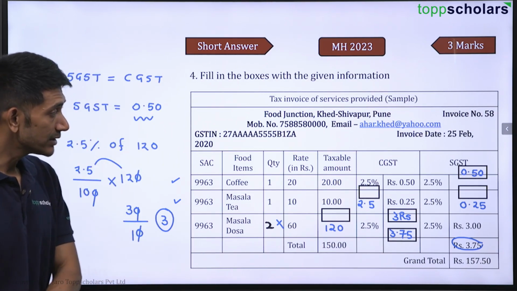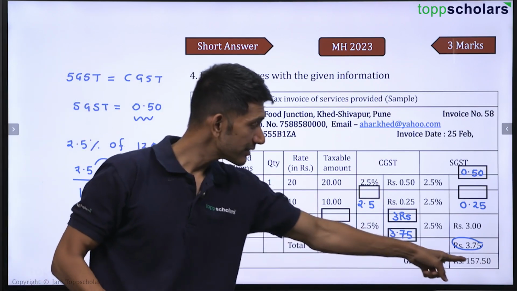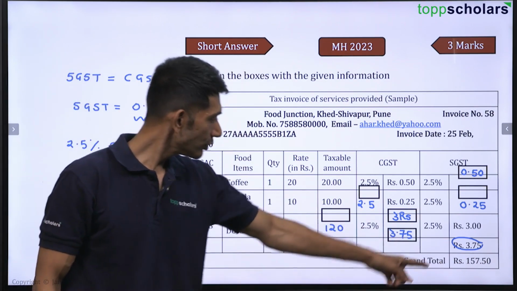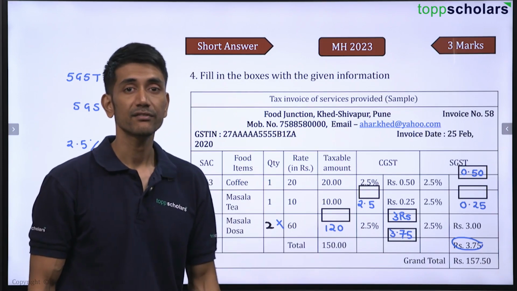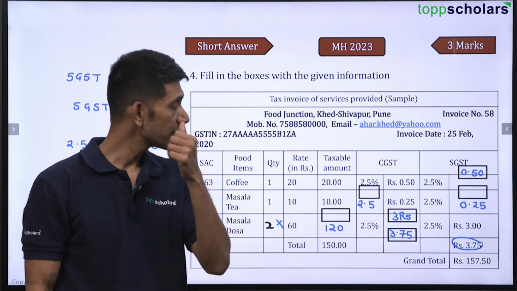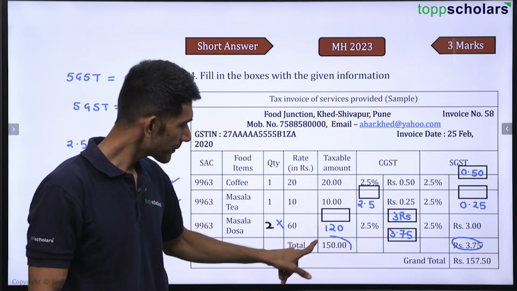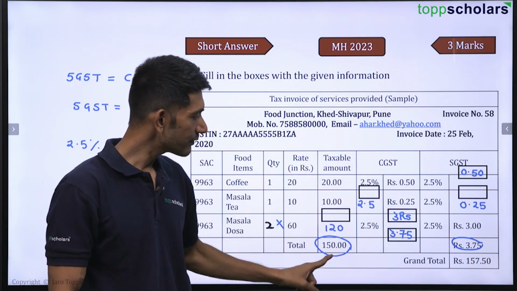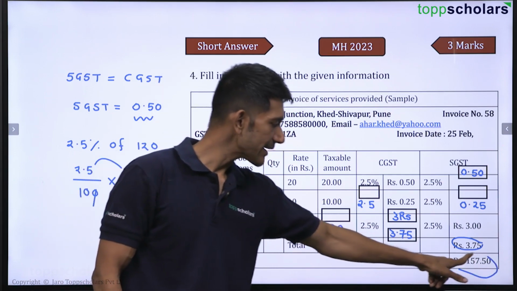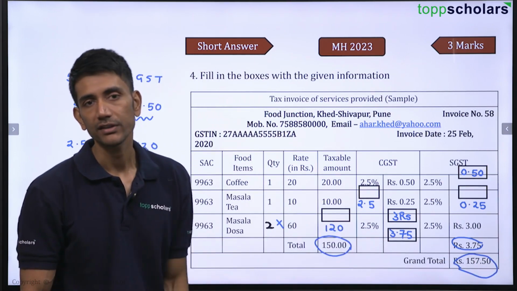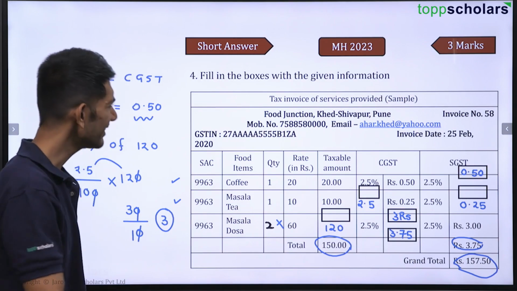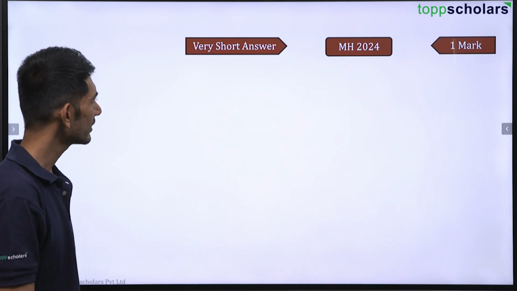So the total GST is going to be 7 rupees 50 paise, because 3.75 plus 3.75 is 7.5. The purchase is of 150 rupees, but 7 rupees 50 paise GST is added, and that is why it is 157.50. Correct? Easy? Okay.